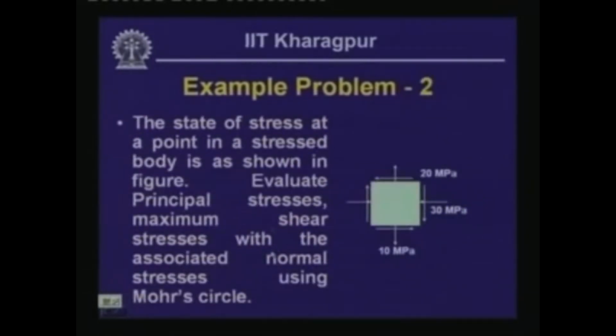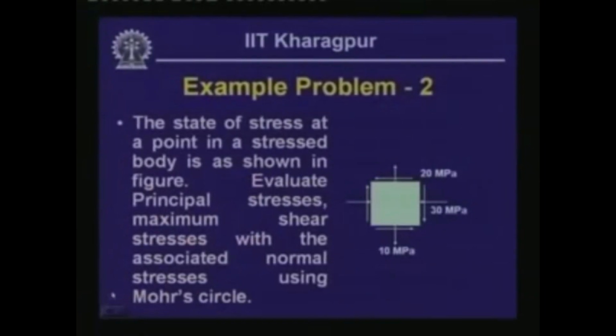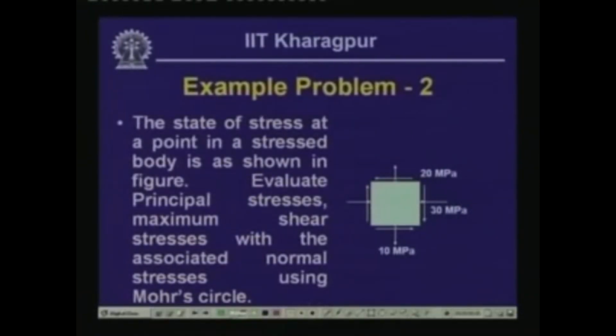Now, let us look into another problem. In fact, this particular problem I had also given you last time to solve from your end. I hope you could do it. Now, here let me explain what aspects should be looked into.